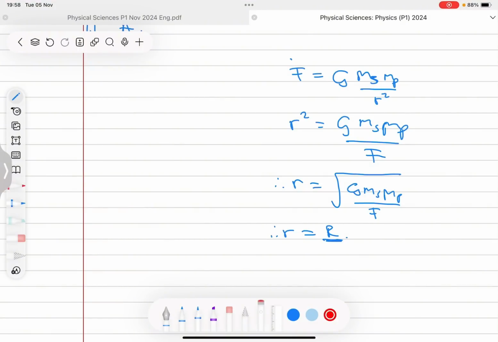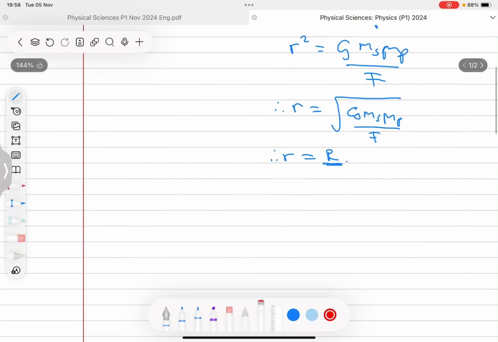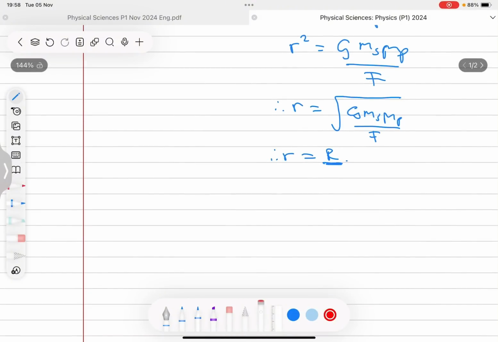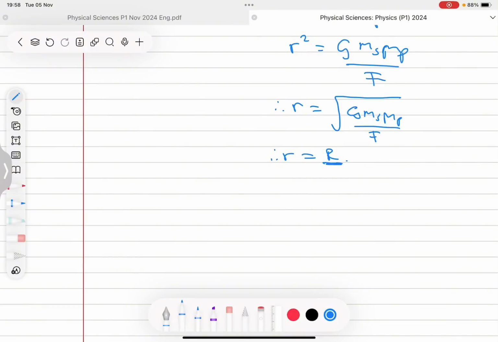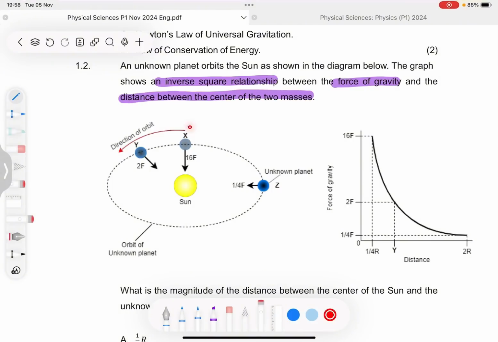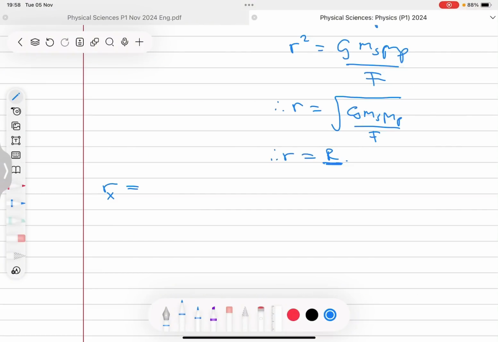Now, I want to come to a situation where I look at the r when our planet is here at point x, right? So this is the r that occurs when the force is 16F. So what do I mean? I mean that if I pull my equation, I'll call this r at x, because it's the r at this point here.